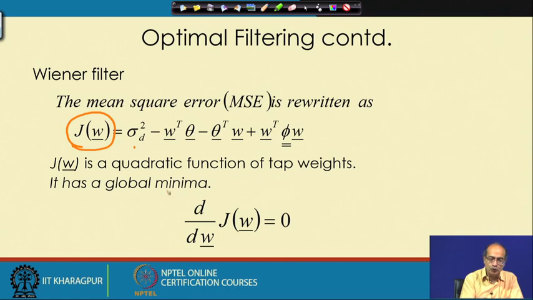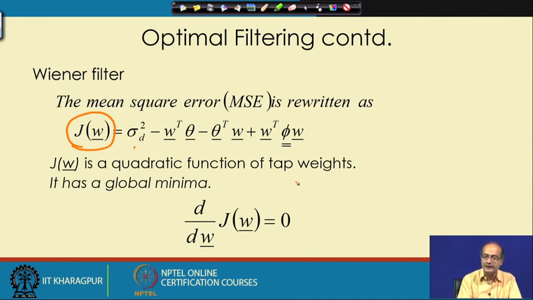So, what we get here is an expression which is a quadratic function of W, where W are the tap weights. And the specific quality of that quadratic function is that it gives us a global minima. To understand that, let us take a simple case where the dimension is 1.